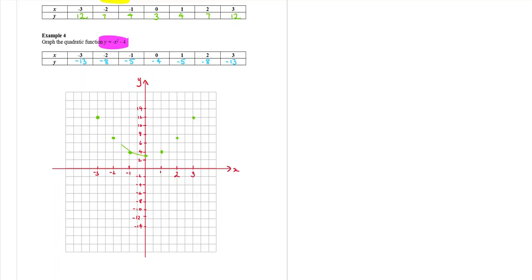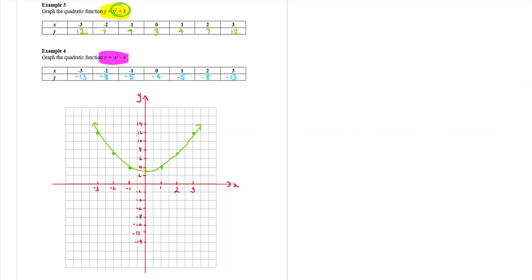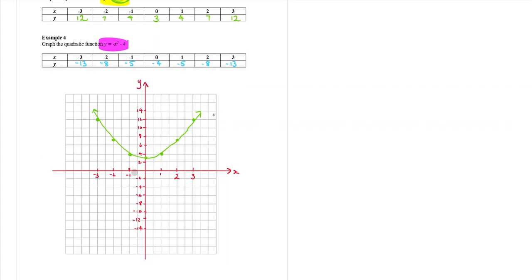And join it up. So it had the shape of the first parabola that I drew, but instead of the tip of the parabola being on the origin, it has moved it up, and it's moved it up 3 places. So that +3 that's on the end of my equation moves the whole parabola up 3. So it's interesting little things that the different numbers, where they're positioned, how they're going to move the graph around.